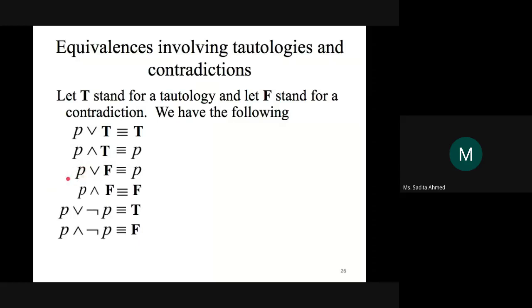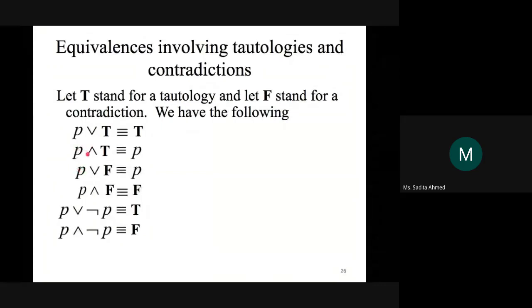So ultimately it comes down to the truth value of P. Because there is an OR, this false makes no difference whatsoever. The truth value of this expression depends on the truth value of P. That is an identity law.